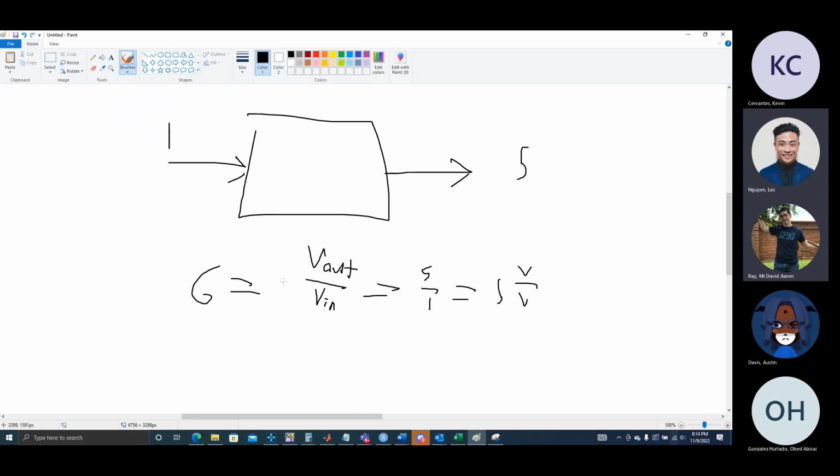But if whatever I did to amplify it, maybe I added some kind of operational amplifier which multiplies the gain times something, and then I just cascade that system in, now I'm not outputting 5, I'm outputting 25. So it pretty much was this original thing but times 5, so 5G.